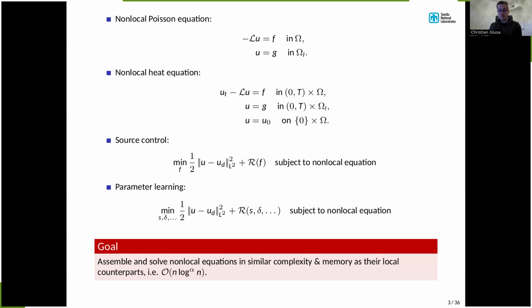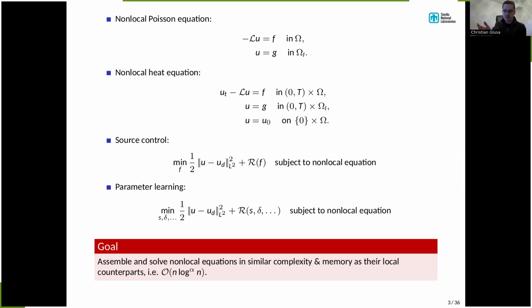And then we also might want to solve some inverse problems. So either a source control sort of problem, or what is currently a lot more of interest to me, these parameter learning problems where we try to figure out what the actual parameters are that we choose in our kernel function based on some given experimental data or observed data u_d.